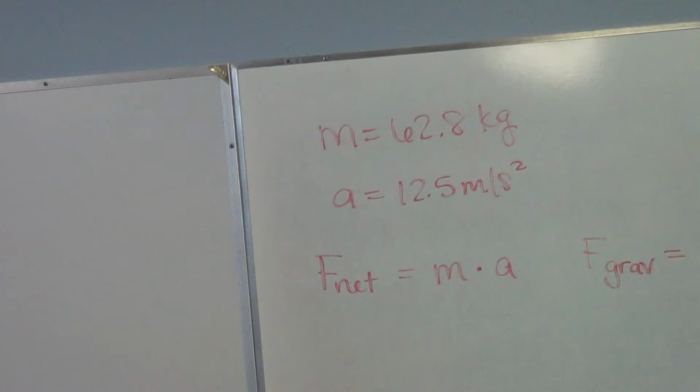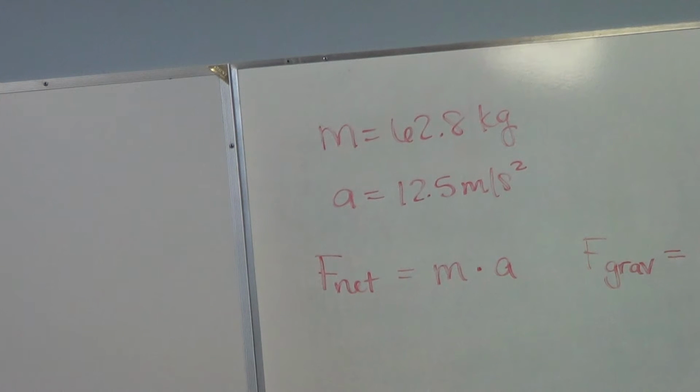Okay, so did you get the net force to be what? 785. Good. So the net force is 785. So did you calculate the gravity force? Yes, so how are we going to figure out the air resistance?